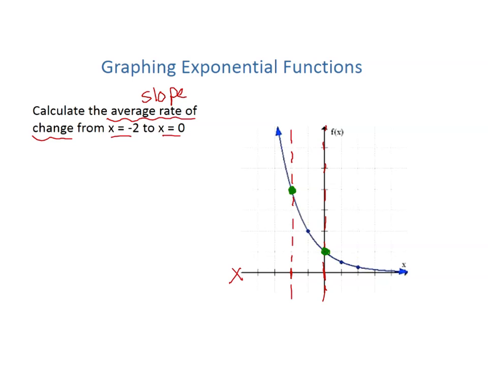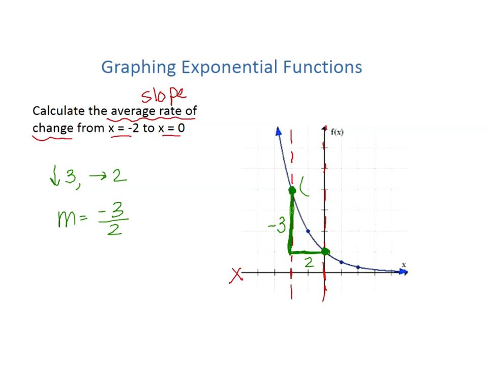So to get from this left point to the right point, I would have to go down a total of 3, and then to the right, 2. So if I have to go down 3 and then right 2, that gives me a slope of -3 over 2.